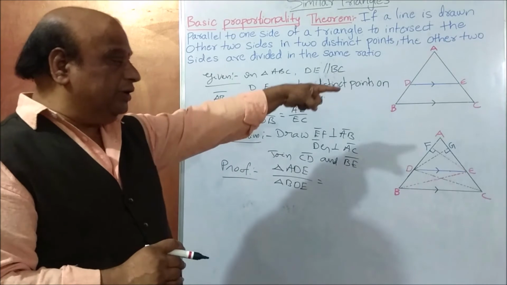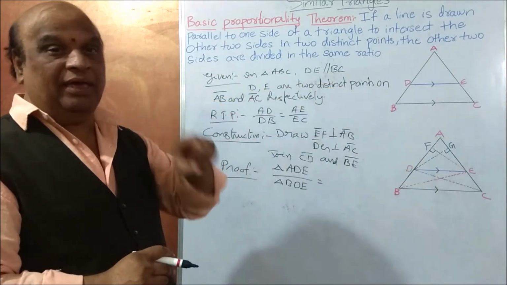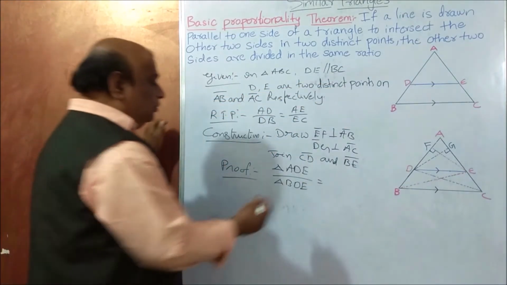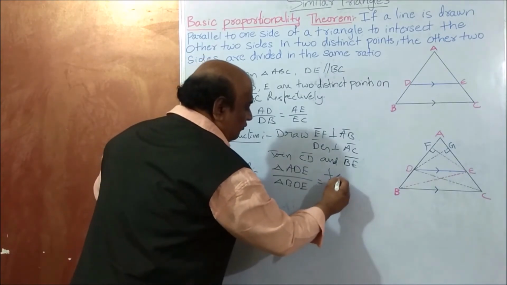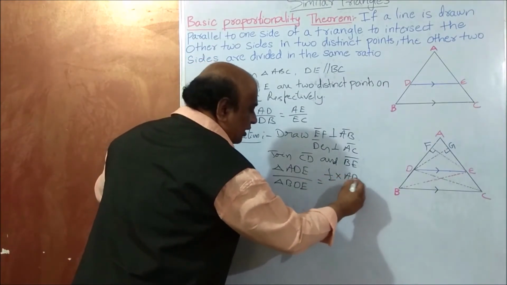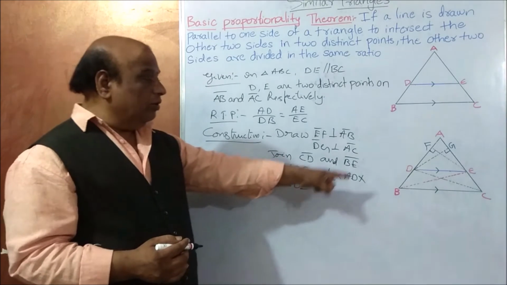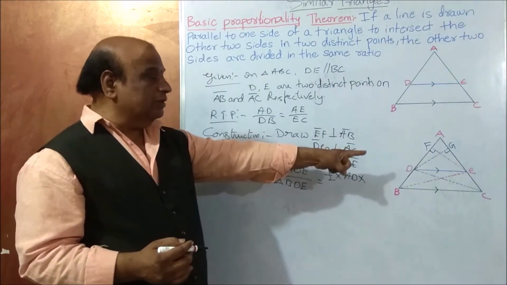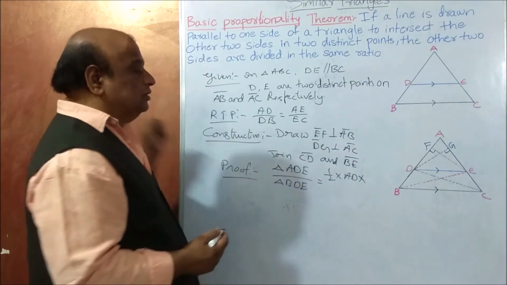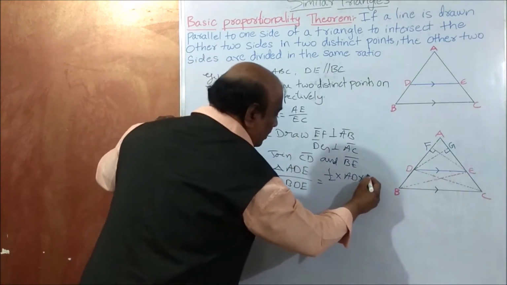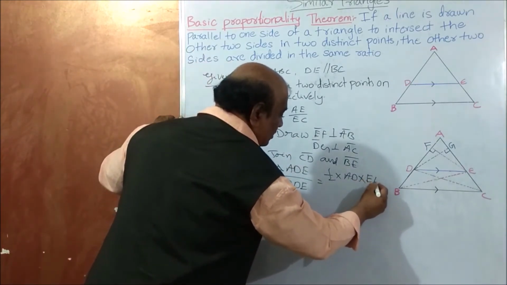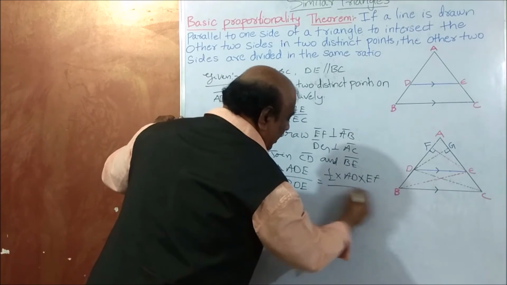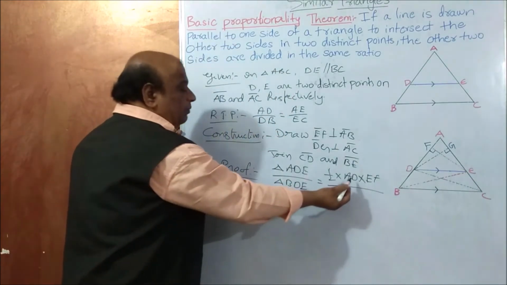That's why you take AD side as the base. Half into base AD. Now, what is the perpendicular line? What is the height here? This is EF, so half into base into height.